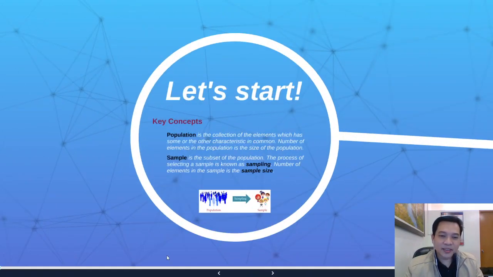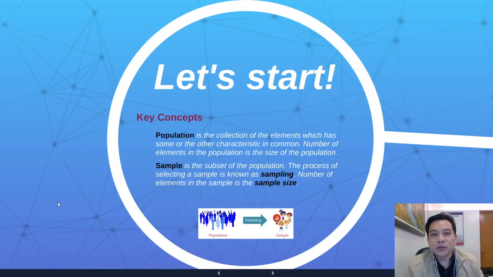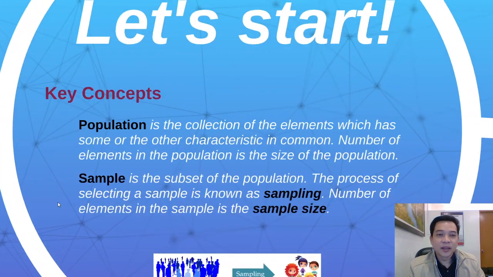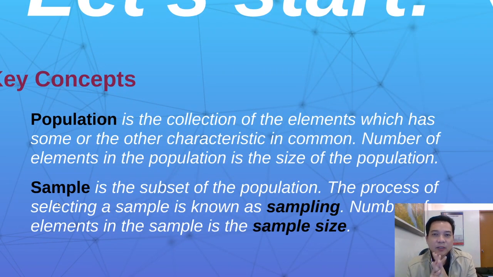To start, of course, I just want you to recall the concept of population and sampling we had, because this is vital in understanding how we will deal with the entire sampling procedure. The population is again the entire collection or entire element of what we want to study or analyze, while a sample is a subset from the population, a portion which we have selected or extracted from the population.